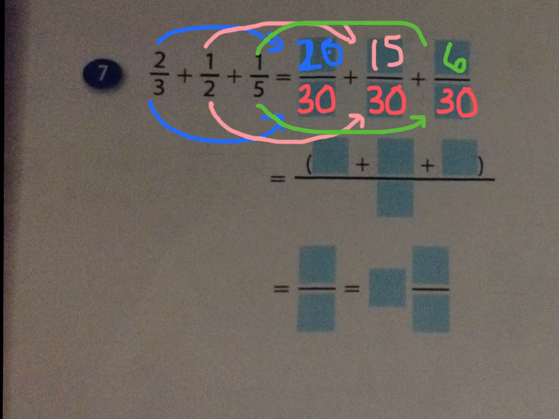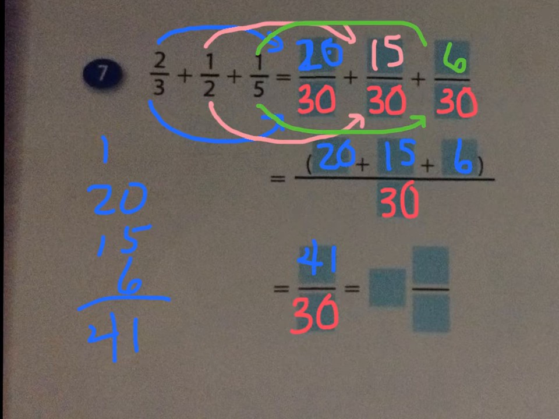You're going to add up your numerators. So you have 20 plus 15 plus 6. Denominator stays the same. Let's see, 20 plus 15 plus 6. It's 41. 41 over, remember your denominator stays the same, so it's 41 over 30.